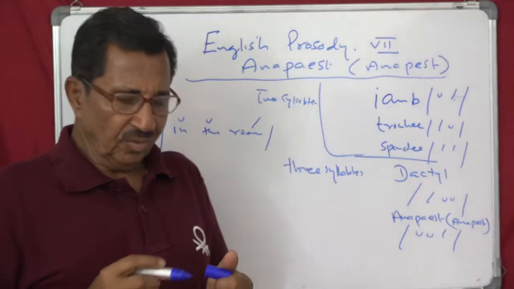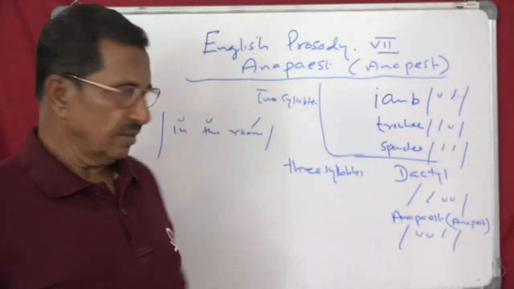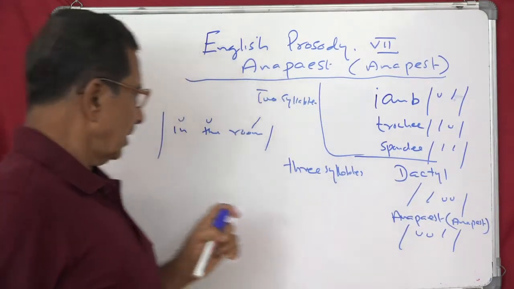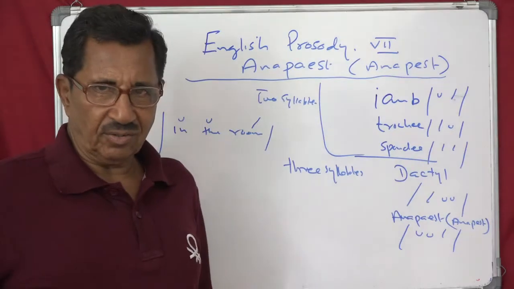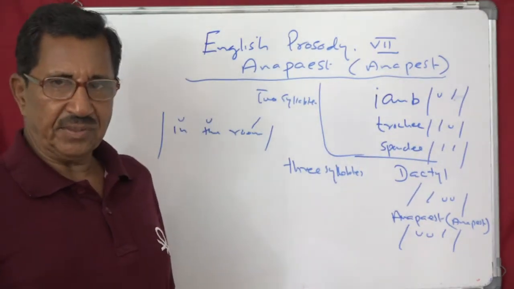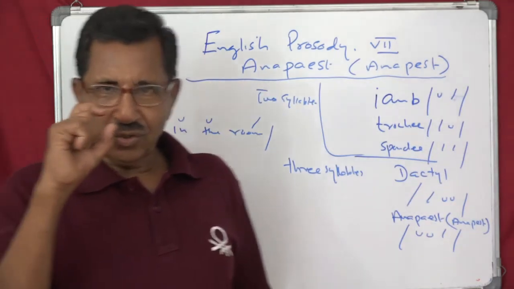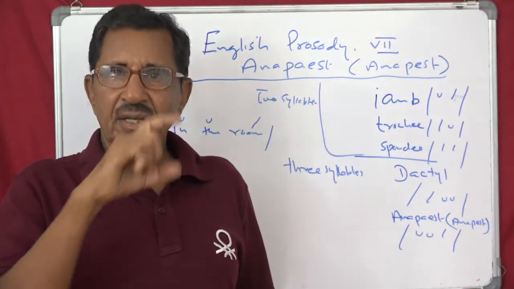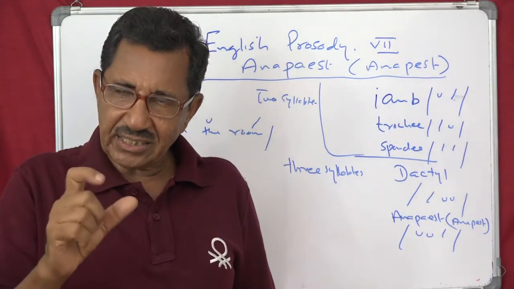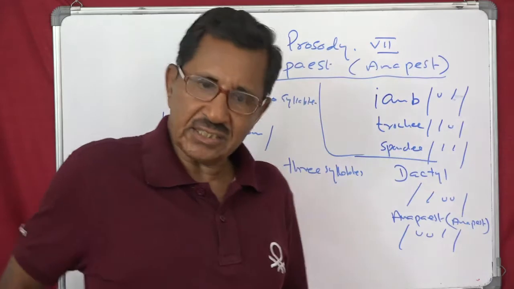I already told you, content words are usually stressed. For example, room is a content word. The other is, one is preposition and the other is article, so they are not stressed. So you have got in the room is an Anapaest, because you have got two short syllables and one long, or two unstressed syllables and one stressed syllable.